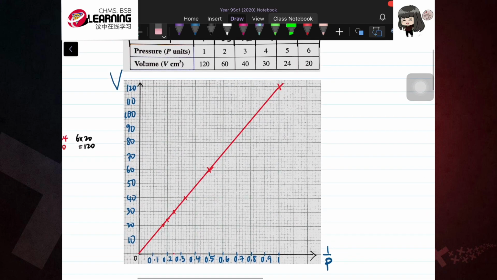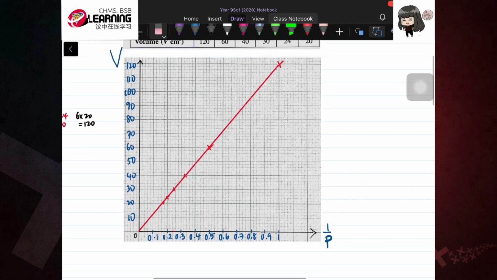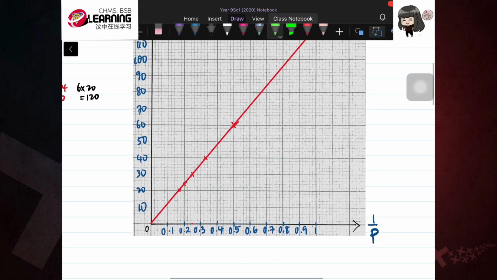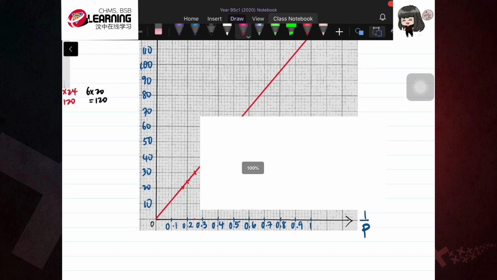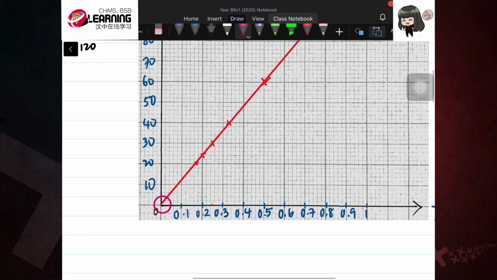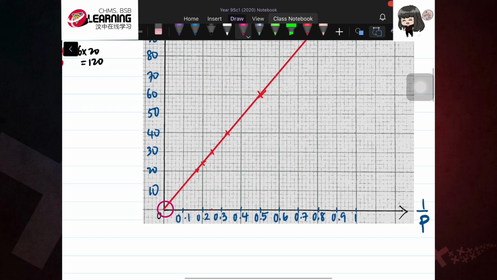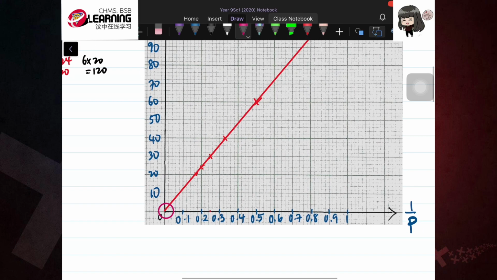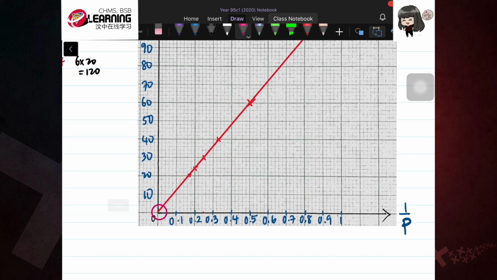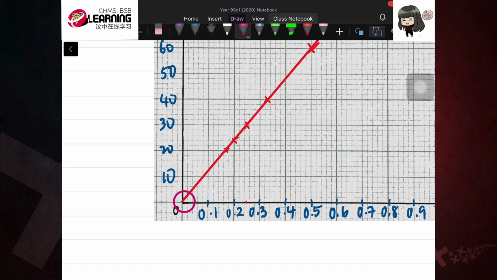It's a straight line passing through 0, but I want you to circle this point here. It means that it doesn't include the 0. The graph touches at 0 here, but it does not include the 0.